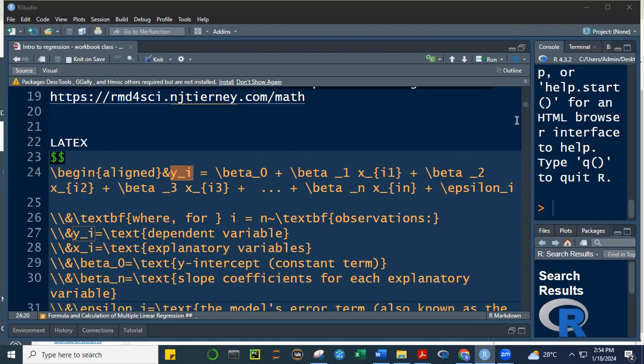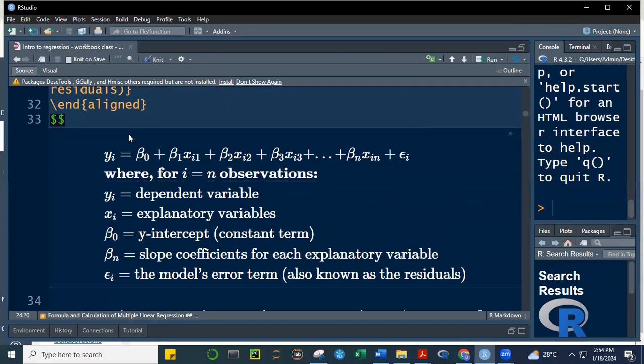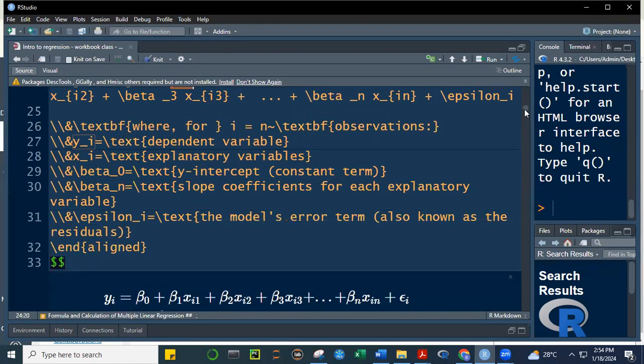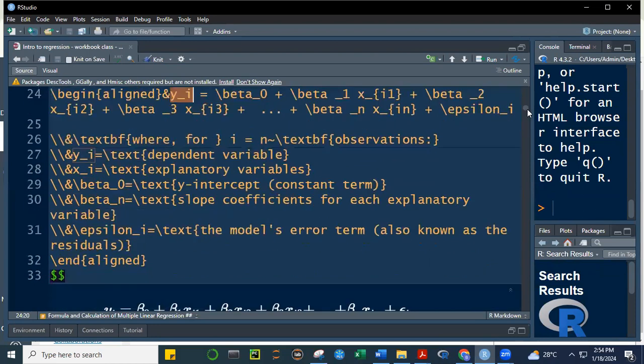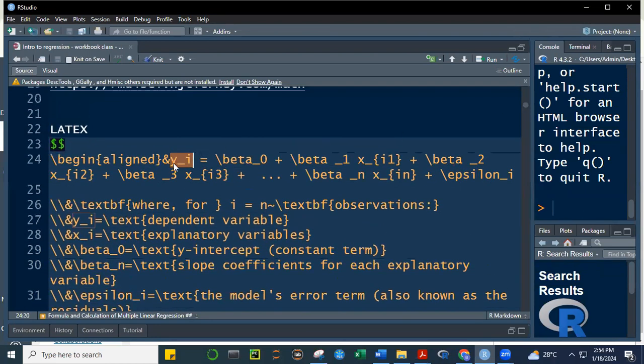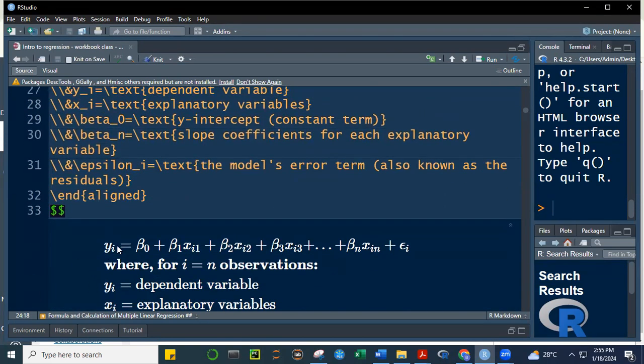Let's try to understand some of this. Now, the first equation is y sub i. Take a look at this. How was y sub i written? Y, and then the subscript is underscore, and then i. Y underscore i. So that's how you write y subscript i. Okay, so that's very easy.